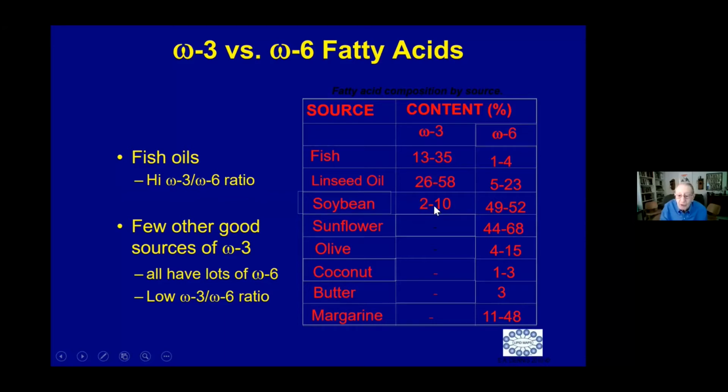And soybean oil contains a small amount, but mostly omega-6. The other popular nutrition-based fatty acids have no omega-3 fatty acids and have an abundance of omega-6 fatty acids. And many of them have very little of that as well, and mostly saturated fatty acids.